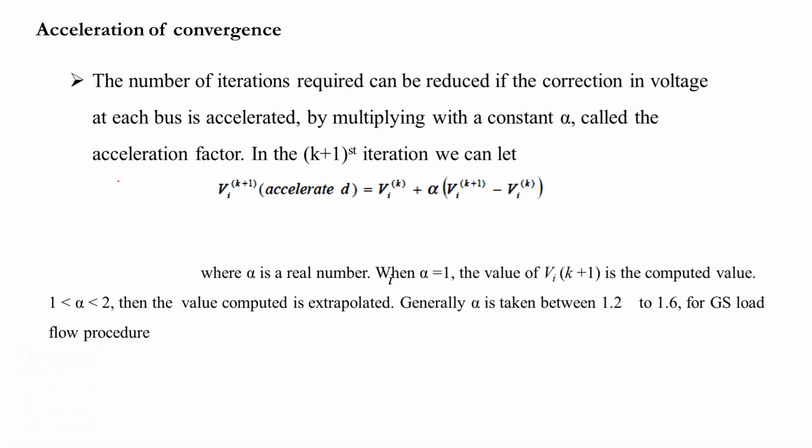First we have to start, okay, and then we have to read the number of buses and line admittance, slack bus voltages, for load bus PQ, for generator bus PV, and Q max and minimum to be calculated.